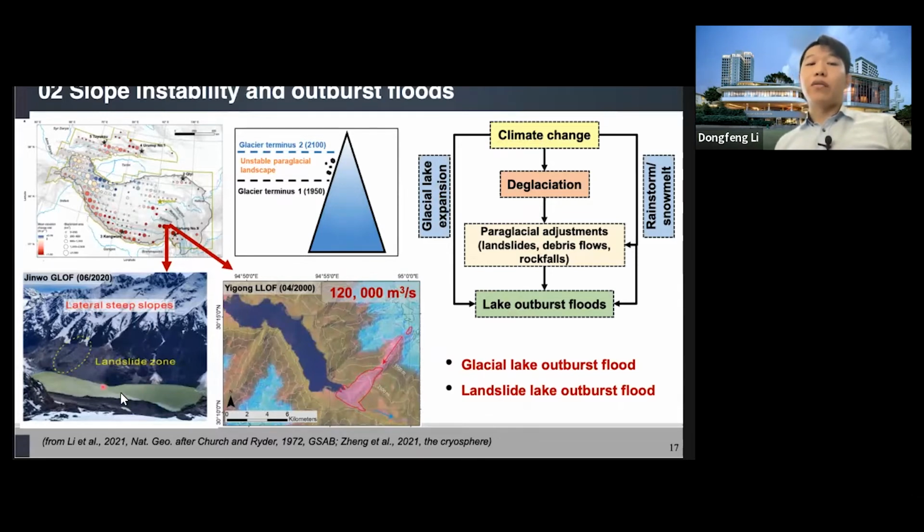For example, this is a proglacial lake with climate change and increasing glacier melt. This lake will expand due to more meltwater into the lake. So when the volume of the glacier lake increases, it can sometimes also overtop the moraine dam and cause the lake outburst flood. Of course, climate change can also increase the precipitation extremes. They can also exacerbate such hazards.